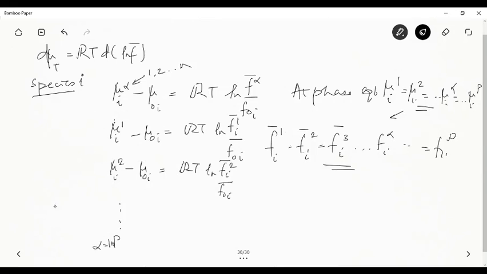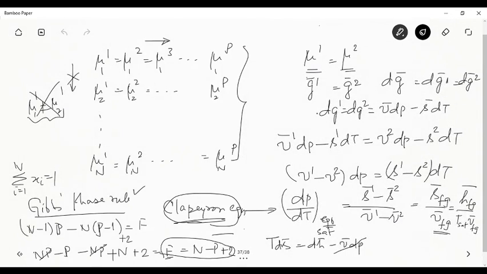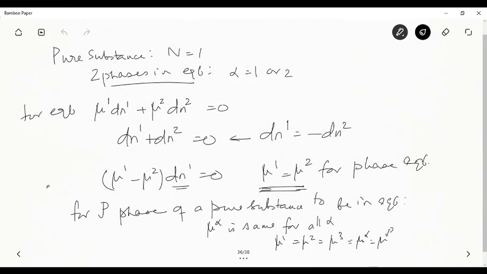There's one more interesting result that we can get from this, that here we wrote this expression: mu1 minus mu2 dn1, because we said that dn1 is equal to minus dn2 in a pure substance of two components.